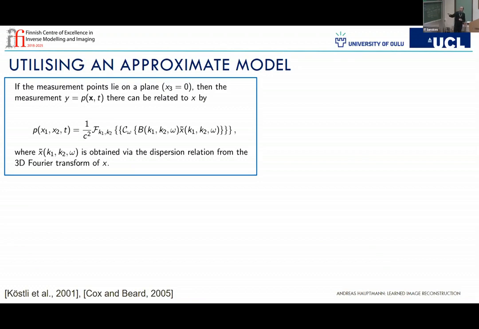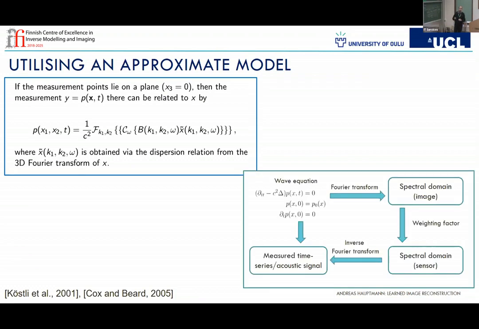So instead of using the wave equation and solving this very accurately, what we can do, which is quite nicely related to Samuel's talk before, is transform to the spectral domain and then multiply. We basically do the propagation by multiplication in Fourier space. Then we are on the spectral domain of the sensor, and we do an inverse Fourier transform on the sensor.